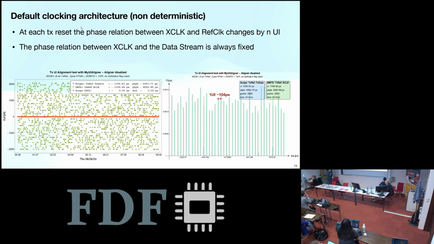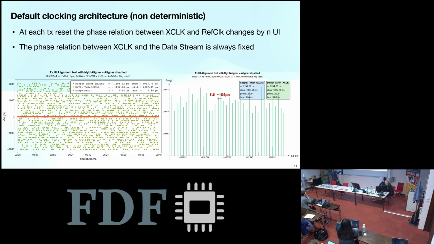So this is what happens when we don't do anything. Between each point, there is a reset, and we can see that in green, we have the phase measured with the DDMTD between our TX reference and the X clock, and we see our 30 possible phases separated by 1 UI, which in our case is 100 picoseconds.